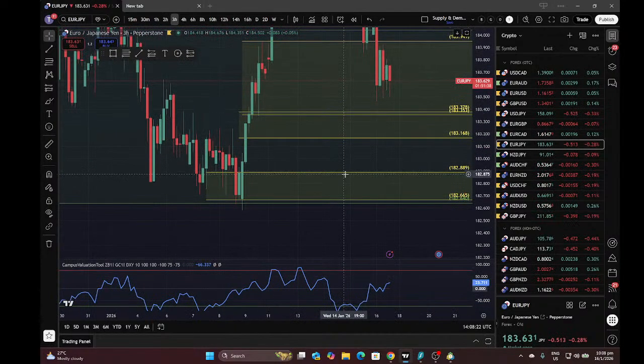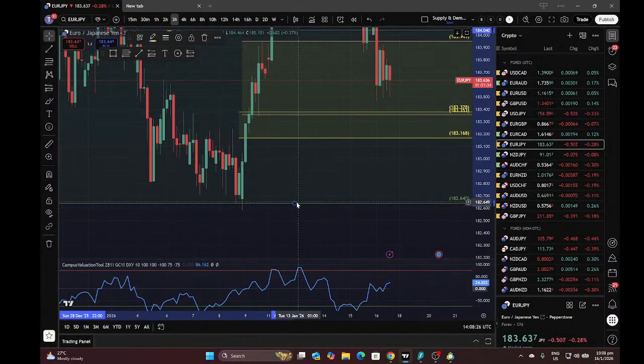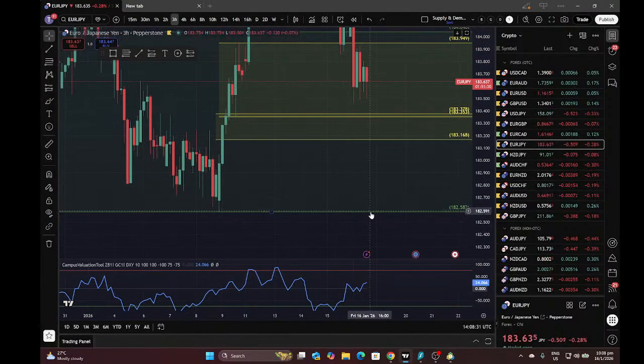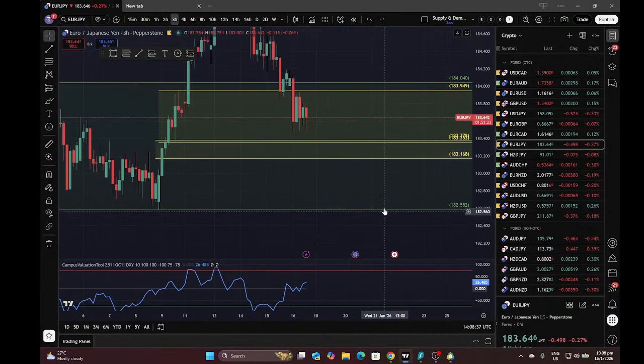All right, so underneath here, this is no go. I'm not gonna take this. I will push this further down until I cover the entire wick. All right, safety comes first. Then this is the zone that is currently in. I wouldn't want to take this.